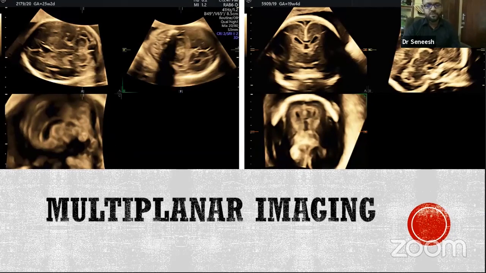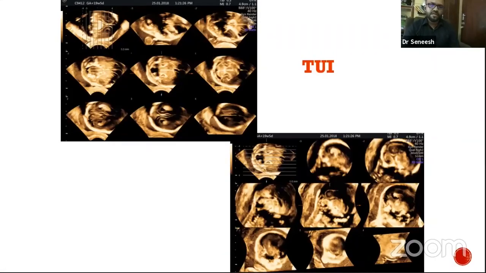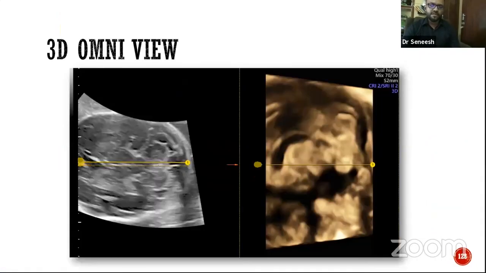In the simplest form, you can do a multiplanar imaging where your A plane is usually the transcerebellar plane, and you can look at the vermis and the corpus callosum in the C plane. Or you can go for a tomographic ultrasound imaging, which shows the depth of your lesion. You can use the algorithms of volume contrast imaging to enhance the soft tissue distribution and study the morphology of the vermis, the corpus callosum, the ventricle, the cerebral cortex very nicely.